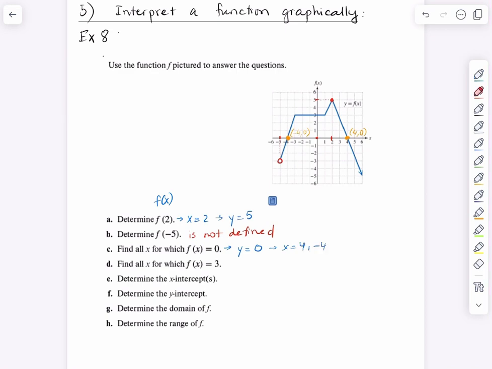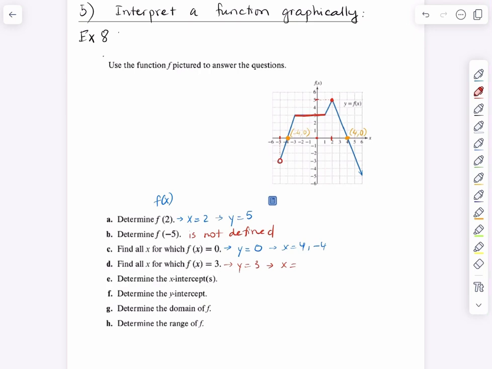Next question. Find all x for which f of x is 3. So this time y is 3. They're asking you to find x. So y is 3. That would be this point right here. Now, as you can see, this whole line of the graph actually has y equal to 3.